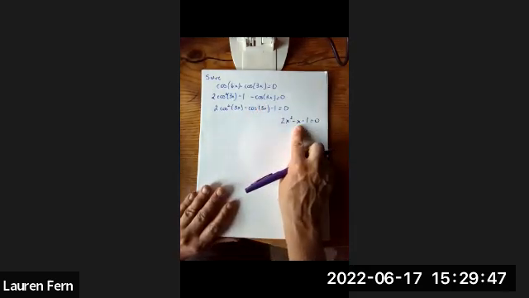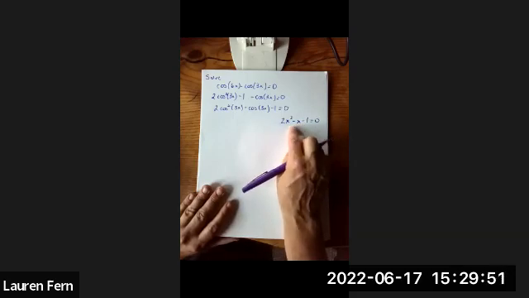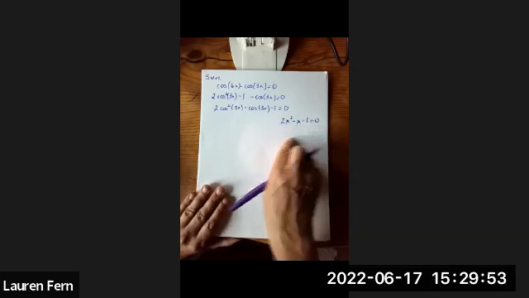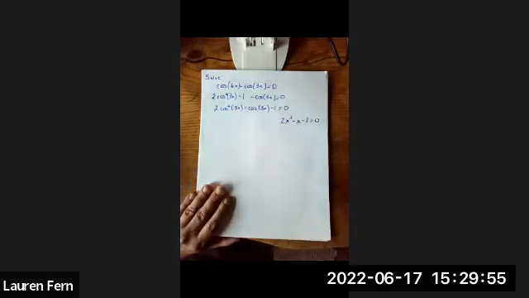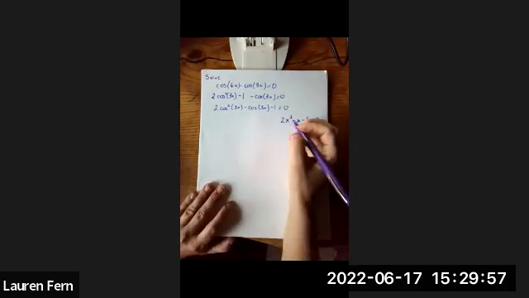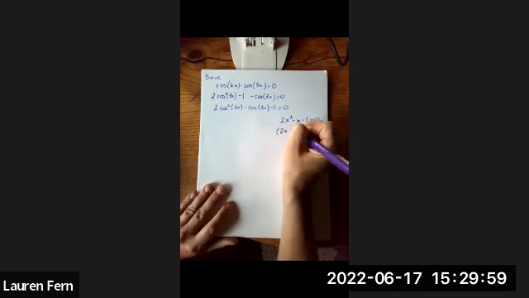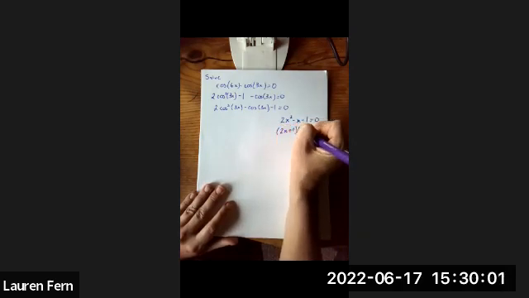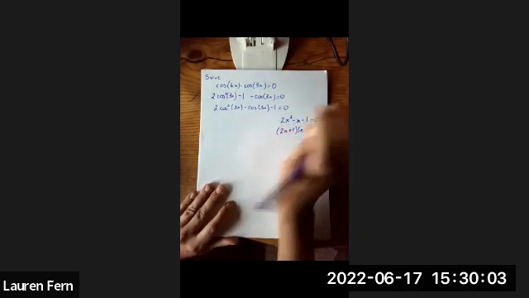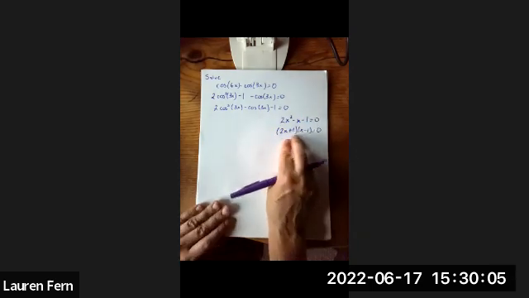Why do I rewrite it this way? Because I can factor this, and I know that I can factor this a lot quicker than looking at something like this, okay? I claim that this can be factored to be (2x plus 1)(x minus 1). If you don't believe me, please multiply that out. Check it out. Okay.